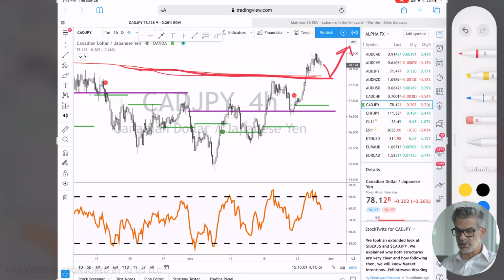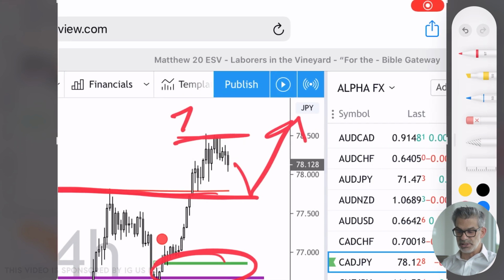Also really interesting, we haven't even yet seen a missed weekly pivot on this chart. And in a trend, we usually miss at least one. So I wouldn't be surprised if next week this thing takes off and we miss next week's pivot, and that's a savage trend. You get a piece of it above that 78.50 level.